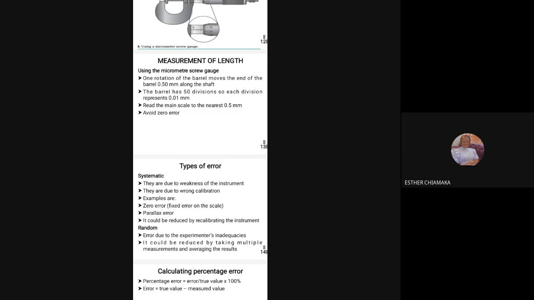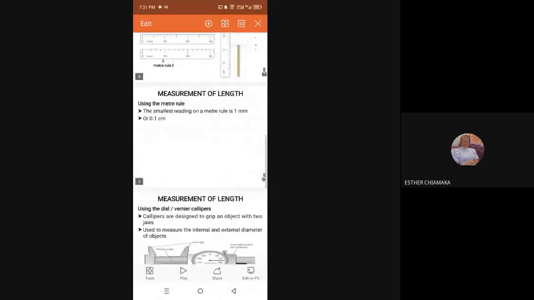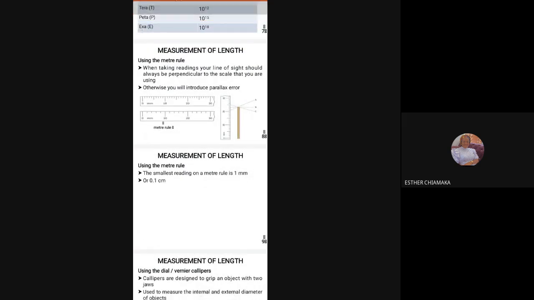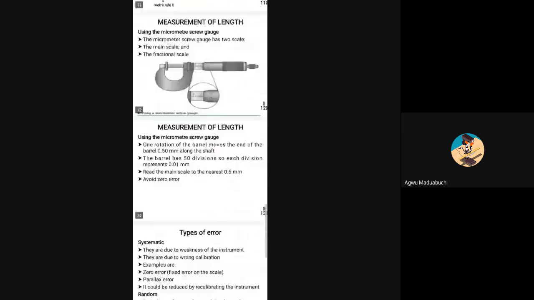So by recalibrating, I've explained parallax error the other time. This is parallax error here. Can you see that ABC? Yes, sir. So I use that to explain parallax error.